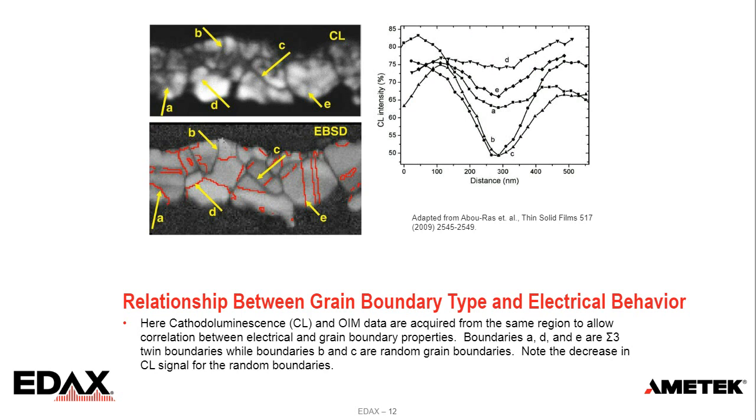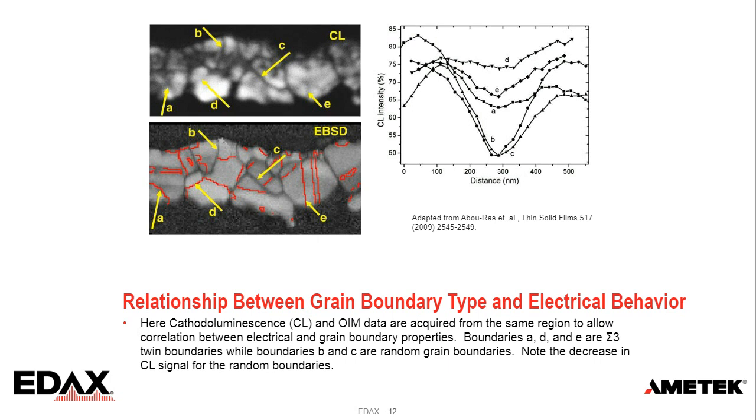So this is just an example. Again, grain boundaries are often a new concept for people not familiar with EBSD, and understanding how the varying grain boundary character can influence material. This is just an example where in the EBSD map on the bottom, the special grain boundaries or the twin boundaries are shown in red, and the CL signal from the same area is shown on the top.